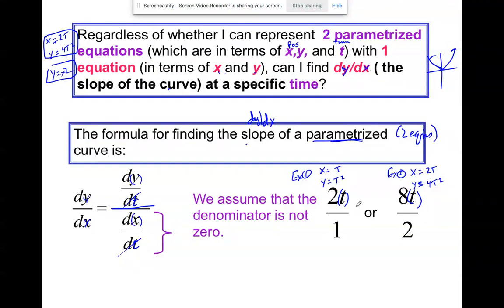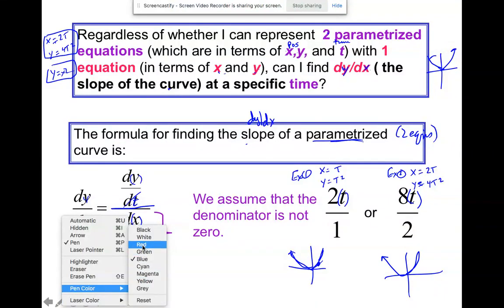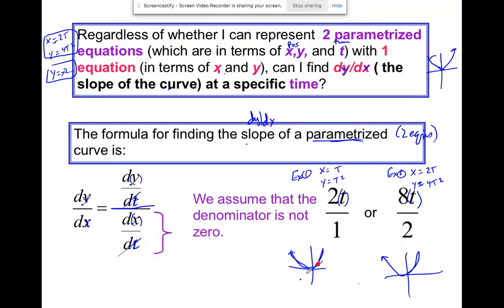They're not equal. However, remember on example 1, oh my gosh, that is a terrible parabola. Here's example 2, the exact same curve, but at the point (1, 1), I got there at time equals 1. In example 2, at point (1, 1), I got there at time equals 1/2.